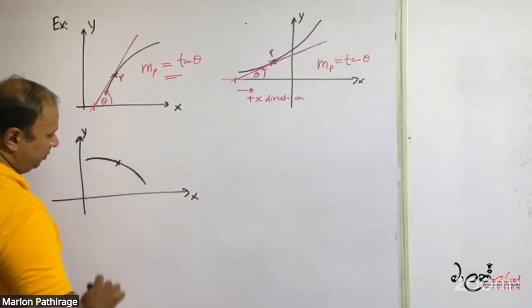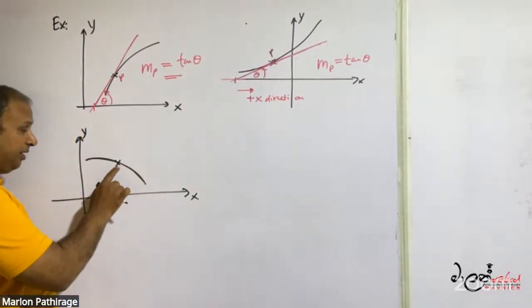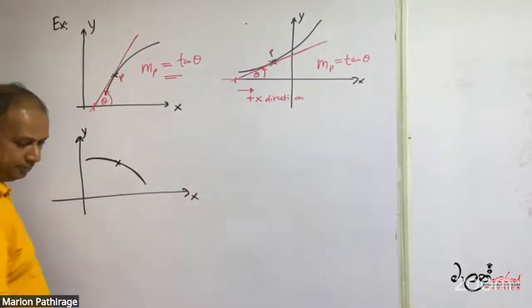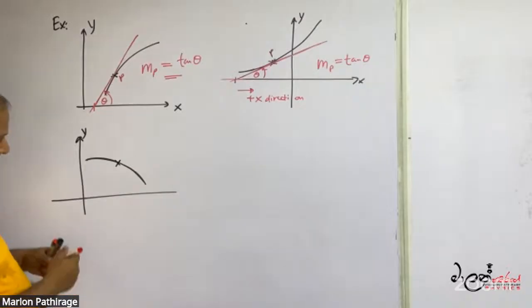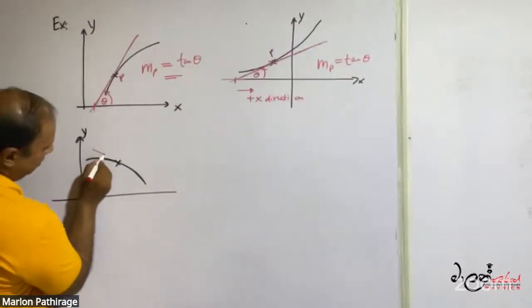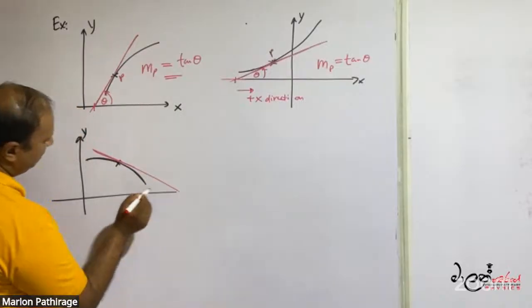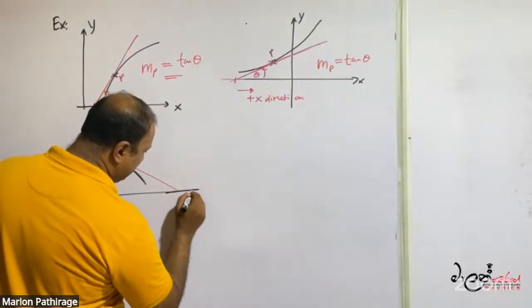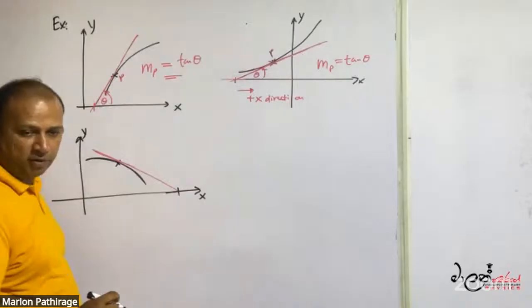Suppose you want to measure the gradient at this point. Then again, we have to draw a tangent first, to the graph at that point. Then take the intersection point with the x-axis. This is the intersection point.